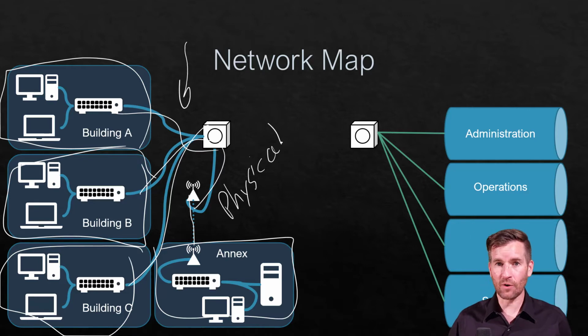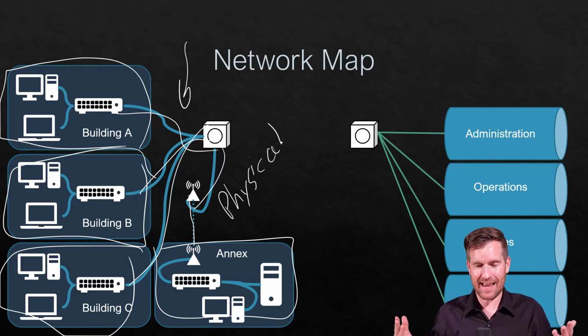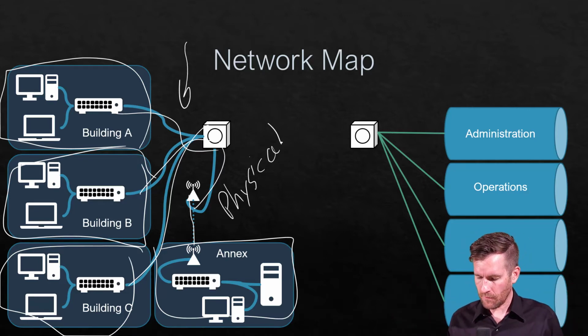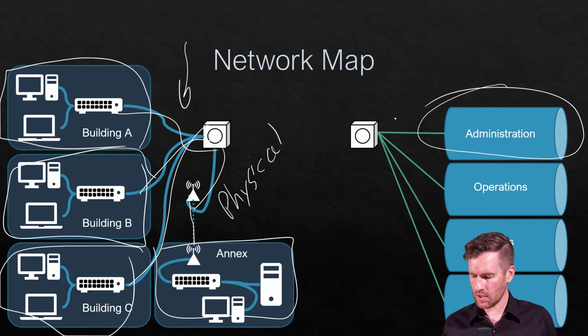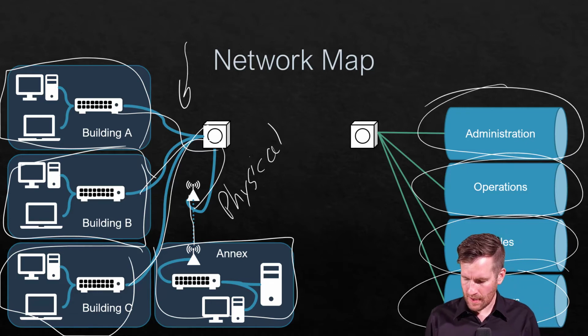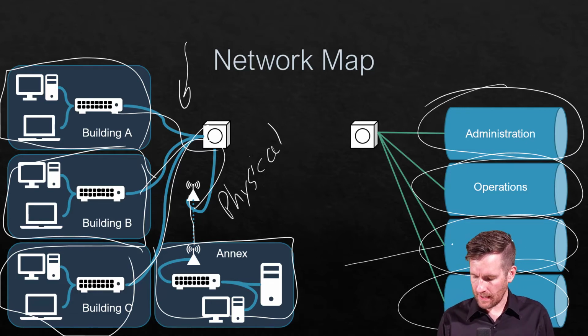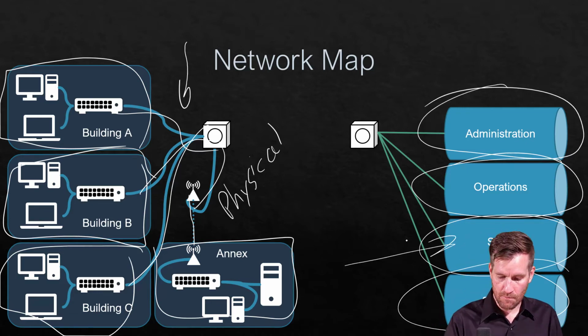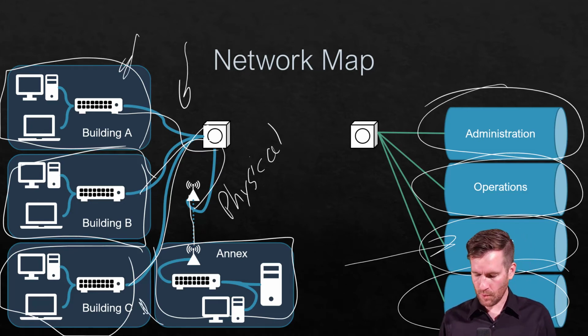But there's also virtually how we have things set up, which could be different. For instance, virtually, we may have a network that's for administration, a network for operations, a network for sales, a network for servers. And how that plays out is maybe, for instance, sales is both in building A and building C. There's salespeople in both those locations.